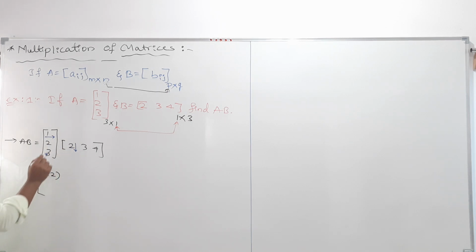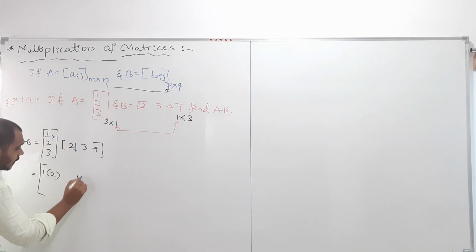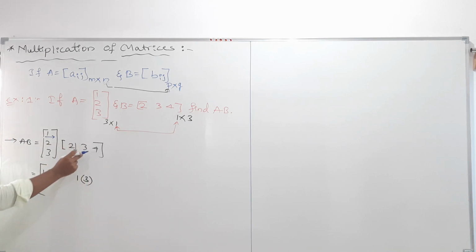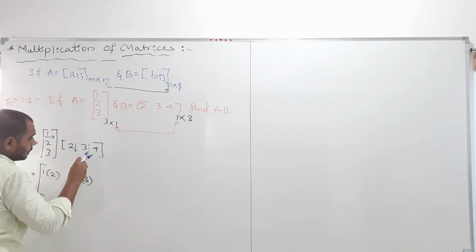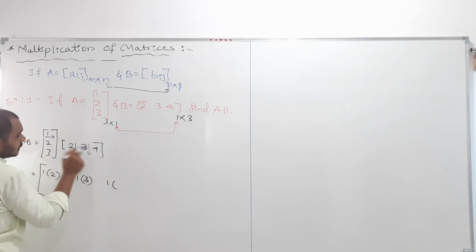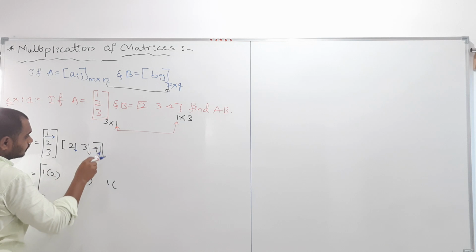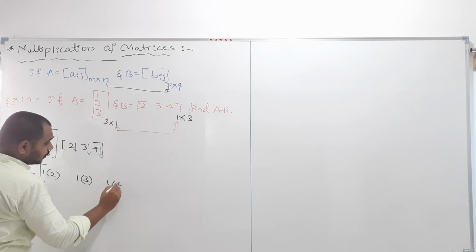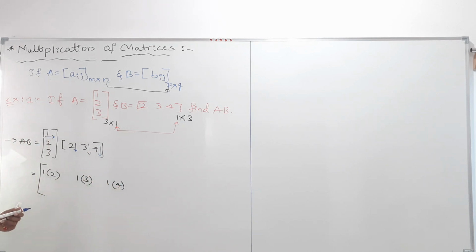Like this you should multiply. Next, leave some space because we are going to the second column. First row, second column element. Clear? And next, first row, third column, 1 into 4.